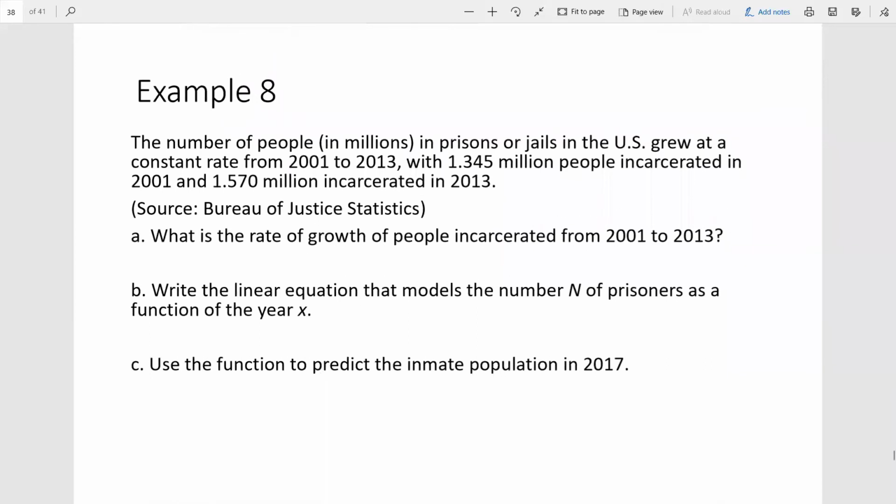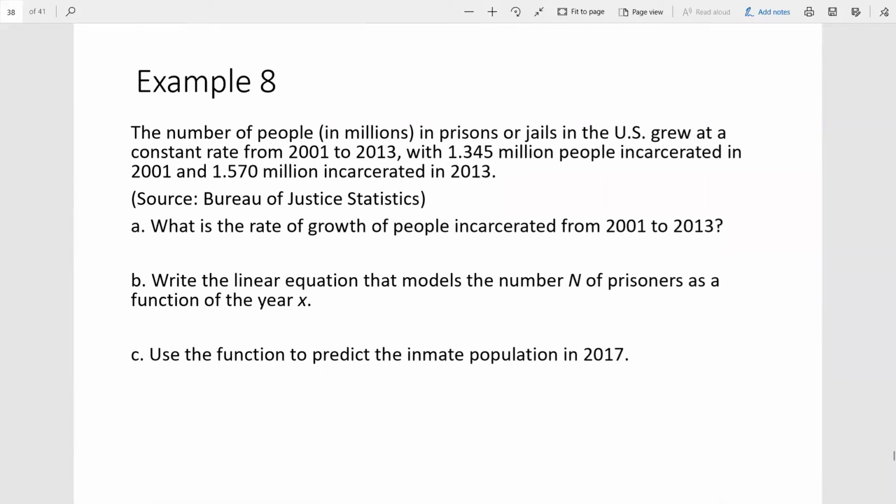The last example is the number of people, in millions, in prisons or jails in the U.S. as it grew at a constant rate from 2001 to 2013, with 1.345 million incarcerated in 2001 and 1.570 million incarcerated in 2013.